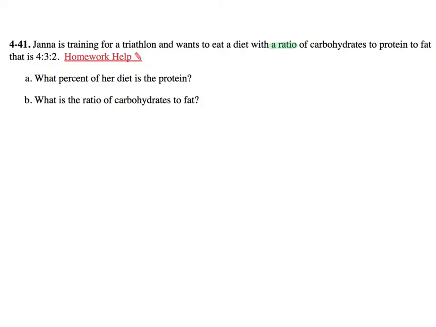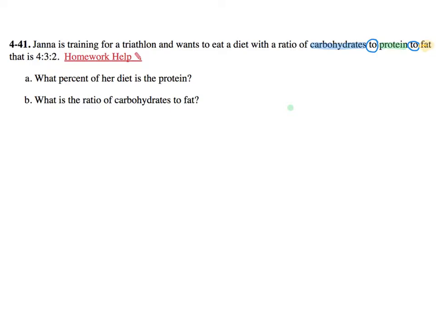The first word I see is carbohydrates, then I see the word "to" that separates, and then it says protein, and then again "to" is the separator for the ratio, and then they say fat. So I'm highlighting each of the 3. We're given 3 different pieces of information, so we're looking for those numbers.